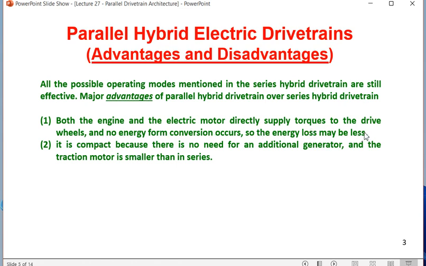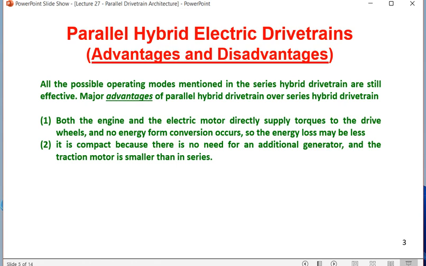So here we are mainly generating mechanical output from the primary source as well as from the secondary source, and the vehicle is a mechanical device, which also requires mechanical energy. So generation is mechanical energy and requirement is also mechanical energy. So there is a positive.